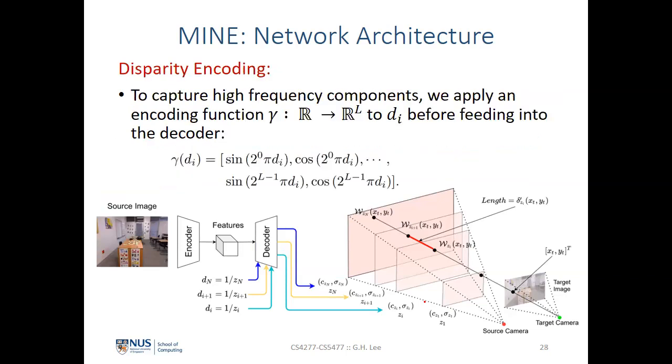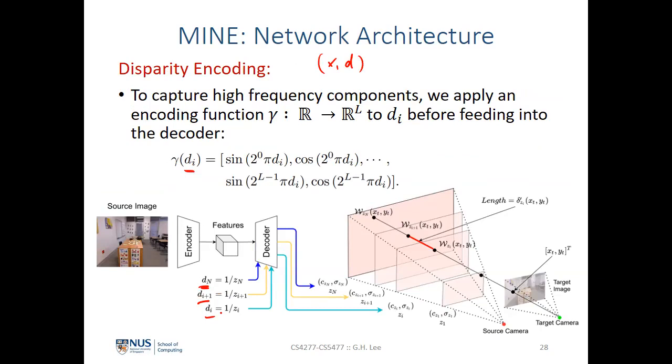We also have the encoding to capture the high frequency components. These are all the same, except that the inputs here, because now we no longer have X and D, the direction, the D here represents the depth. But we also do this frequency encoding such that we make the depth more expressive.